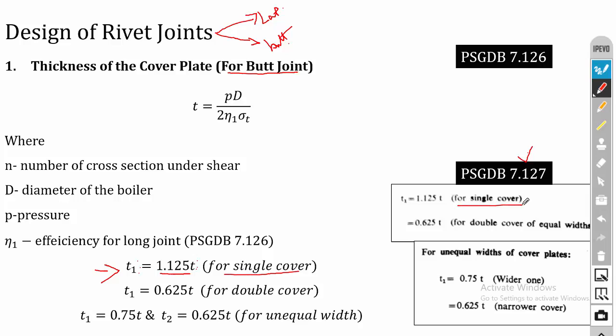In that, for single cover, T1 is equal to 1.125 times T. Then for a double cover of equal width joint, T1 is equal to 0.625 T. And in case of unequal width, T1, that is thickness of the inside plate, is 0.7 times the thickness of the plate, and T2, that is thickness of the outer cover plate, is 0.625 times the thickness of the plate.